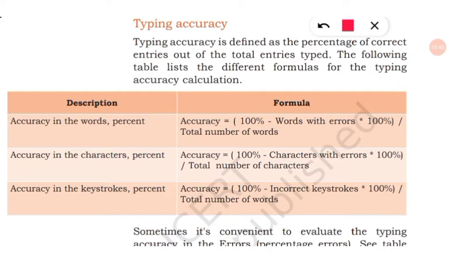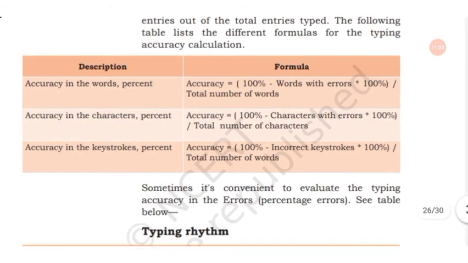Then accuracy in keystrokes is equal to 100% minus incorrect keystrokes into 100 by total number of keystrokes. This 100% is used because accuracy is represented in percent. For that, the percentage symbol is used.